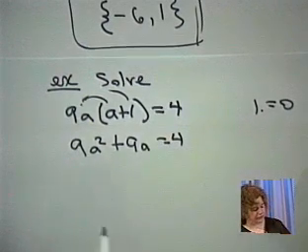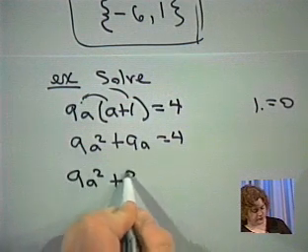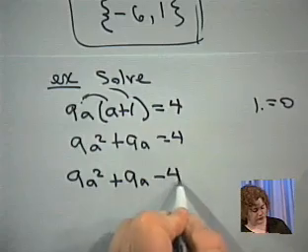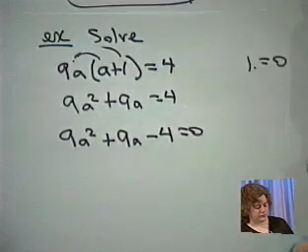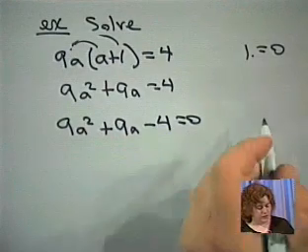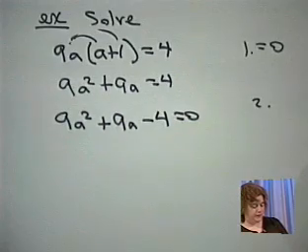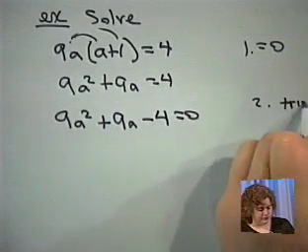Going to have to subtract 4 from each side, so I will have 9a squared plus 9a minus 4 equals 0. I'm going to factor this. There is no greatest common factor. I'm not going to factor by grouping. I am looking at a trinomial.